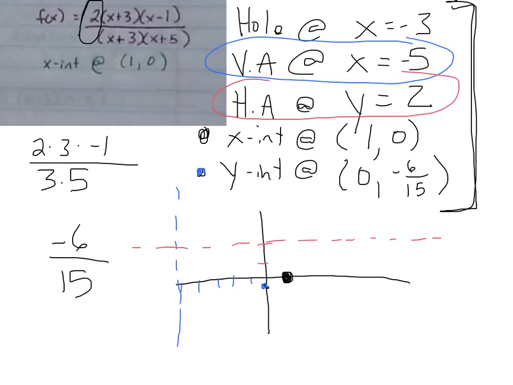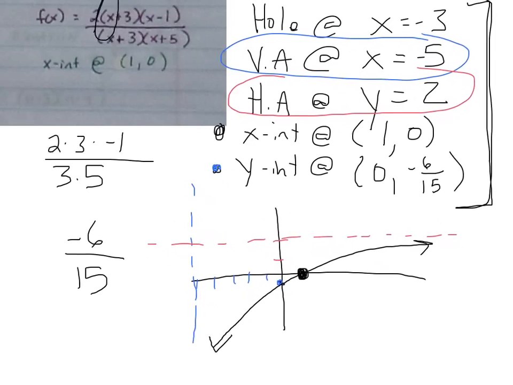Make it blue. Which means our curve probably does something like that. If we're going to adhere to the asymptotes, we cannot cross the asymptotes. Instead, we just get ever closer to them, but never cross them. And then over here on this side of the graph, we have 2 conditions.